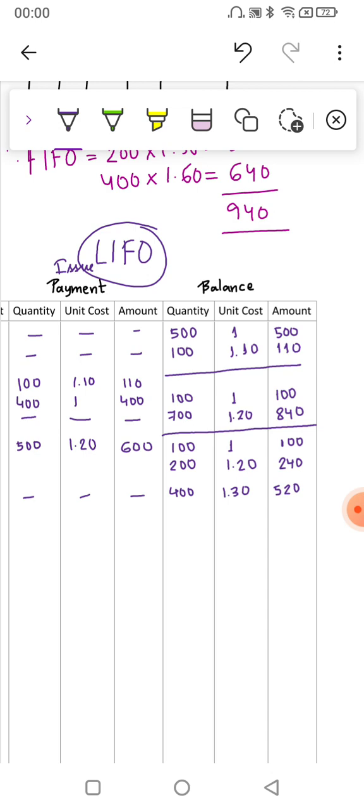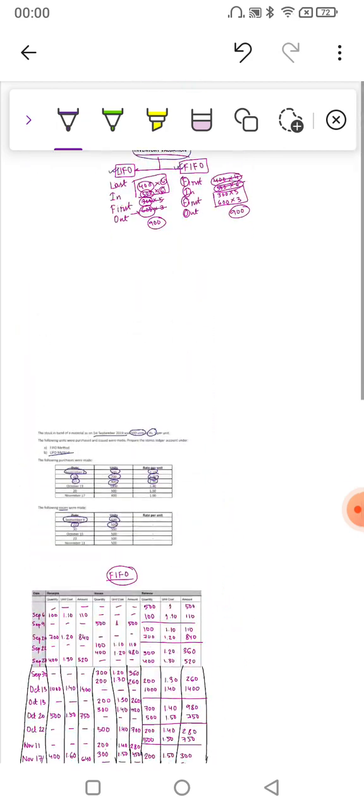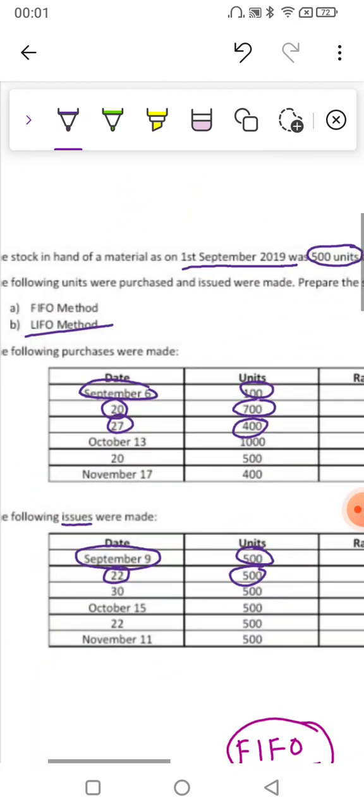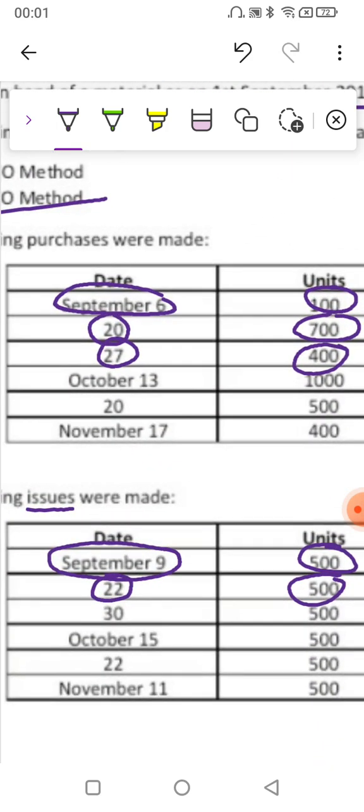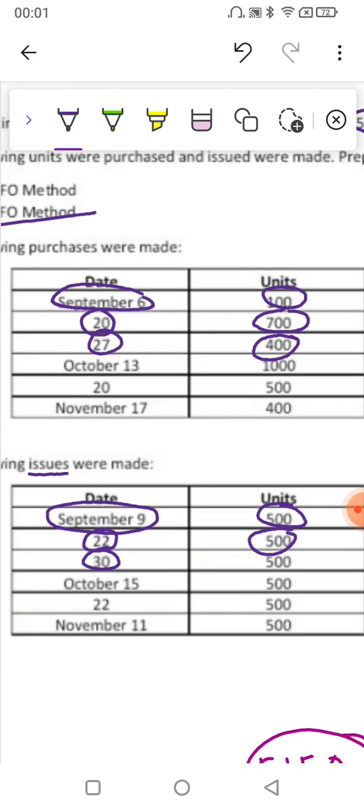After this was done, we're going to move to the next part of the question. September 22 is done. Now September 30, there was a further issue of 500 units.